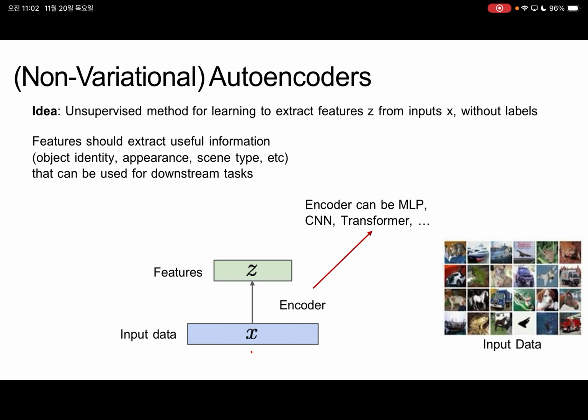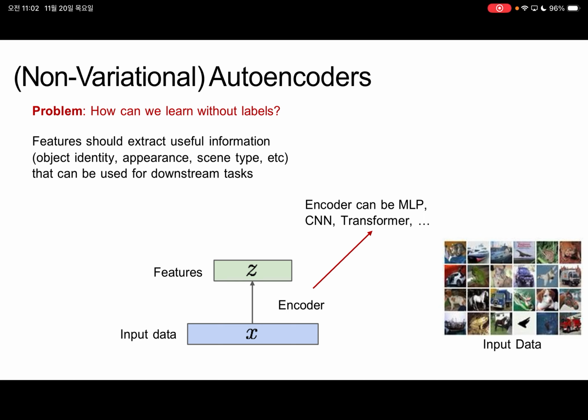So the input is X, and then we have an encoder and a feature, or latent vector. The encoder might have any architecture. That is not very important. The encoder can be an MLP, a standard transformer, anything. But the non-variational autoencoder starts with an encoder, which encodes input data to feature Z.